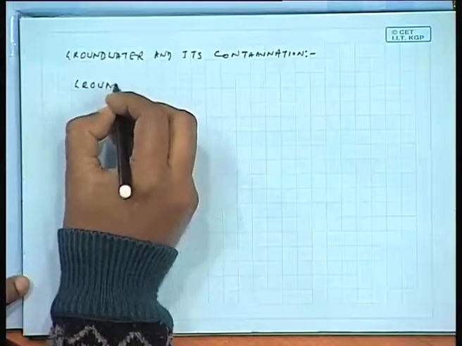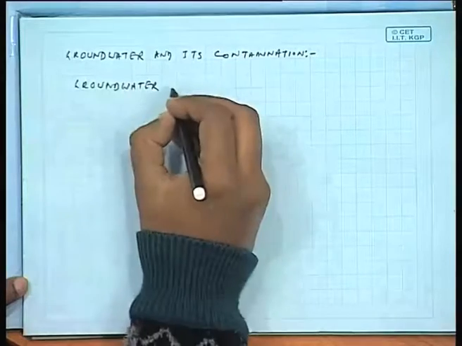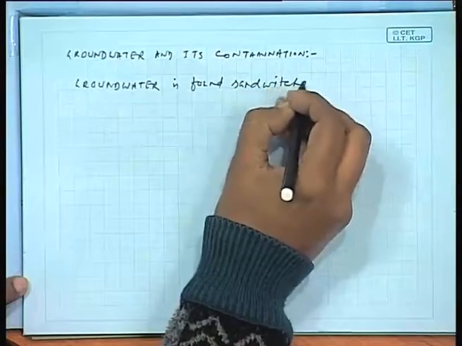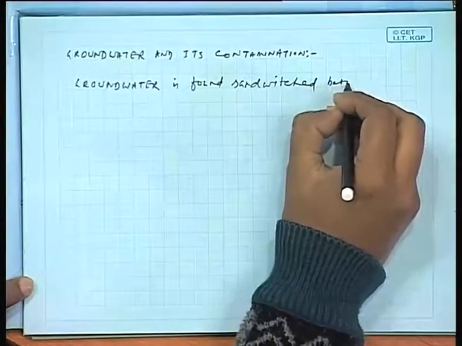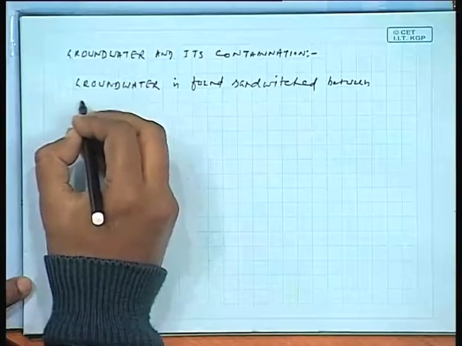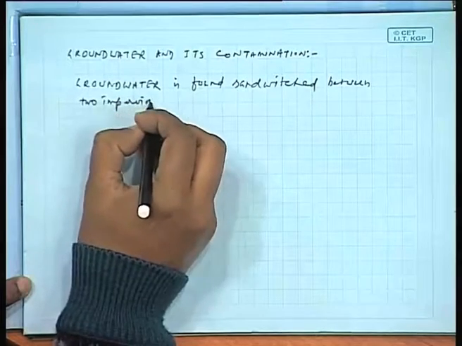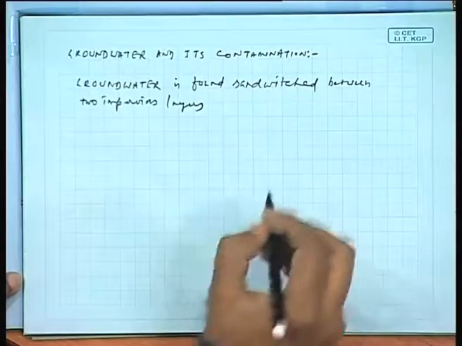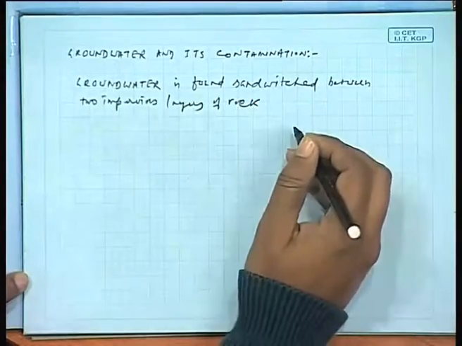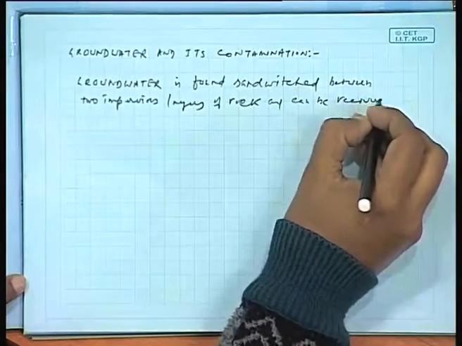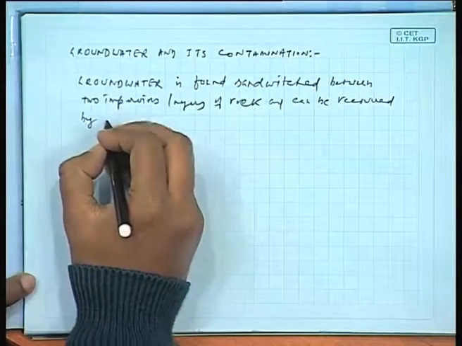Groundwater can be defined as water found sandwiched between two impervious layers of rock, and it can be recovered by pumping.